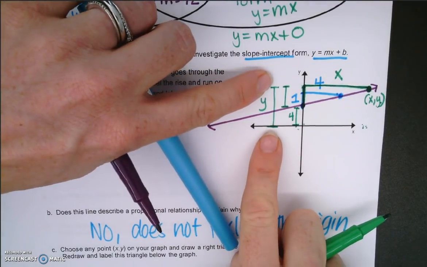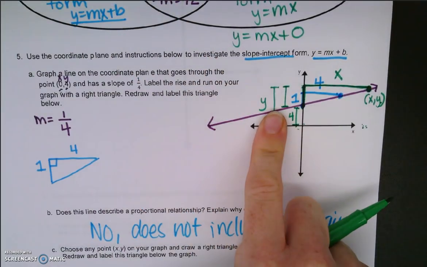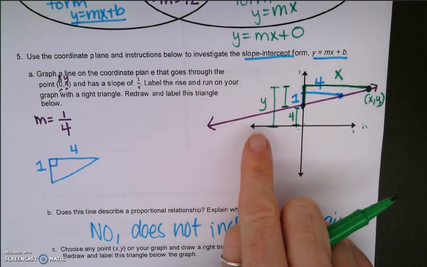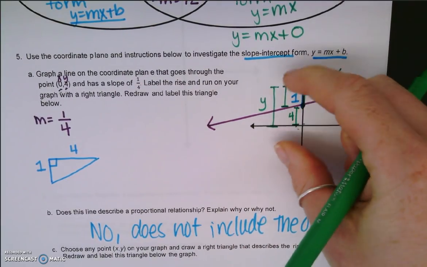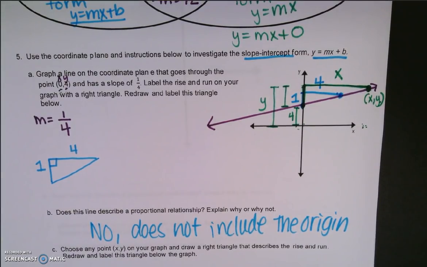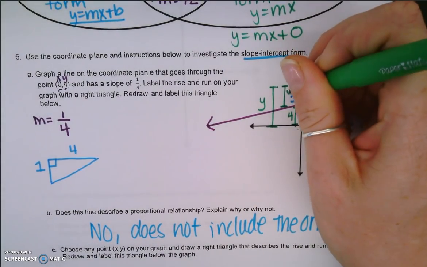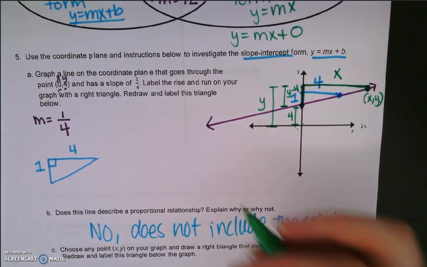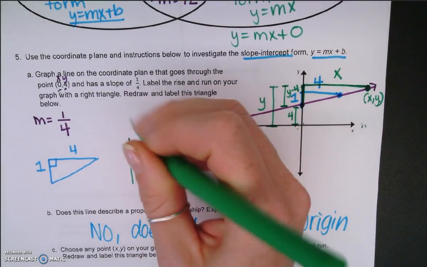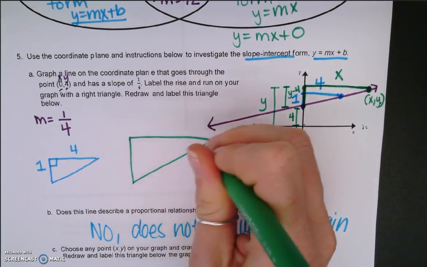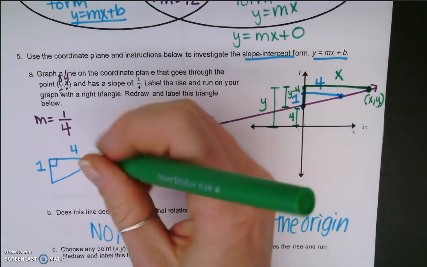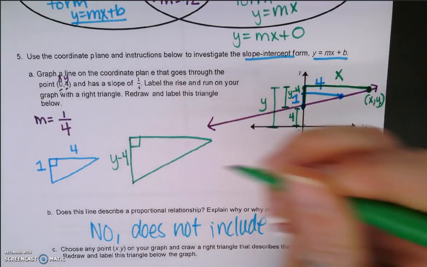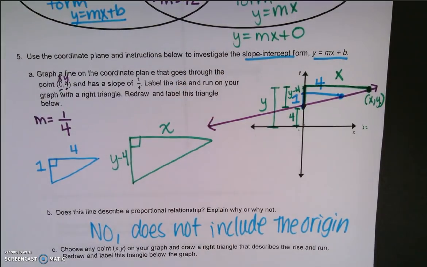If this amount is y, and take away this much is 4, I'm left with this amount. So is it y minus 4 or 4 take away y? You're right, it's going to be y minus 4. So we end up with a positive length since we have a positive distance here. So let's draw our new triangle. And we have a height or a rise of y minus 4 and a run of x. Really nice job. Let's start the next video to continue this problem.